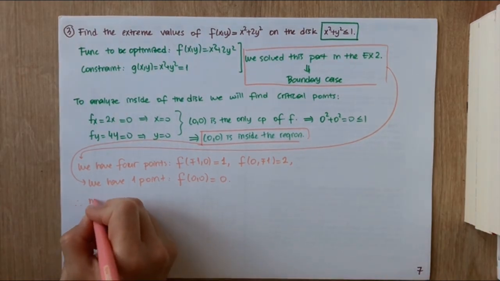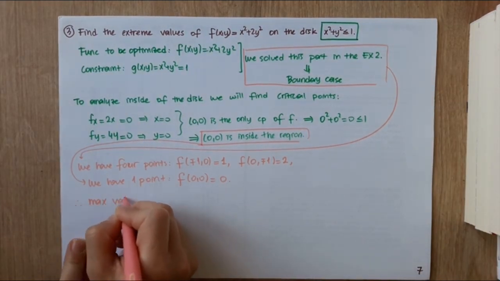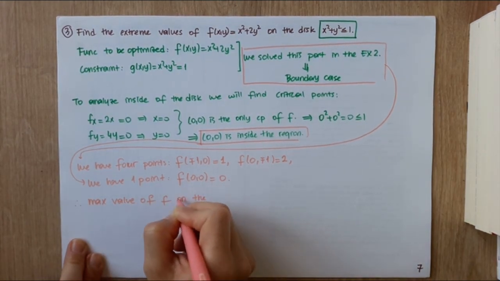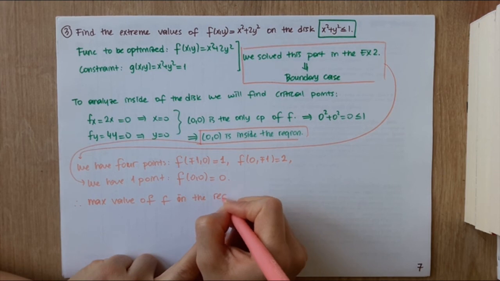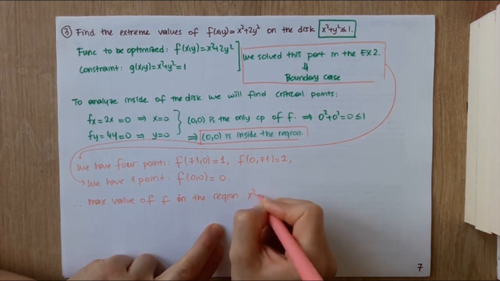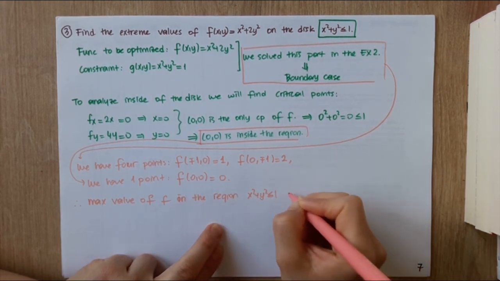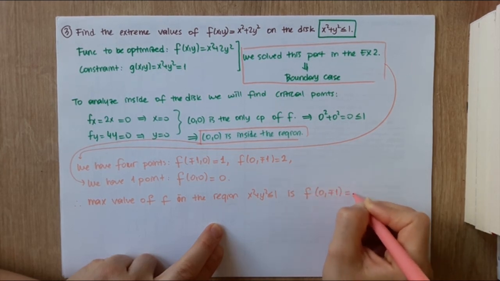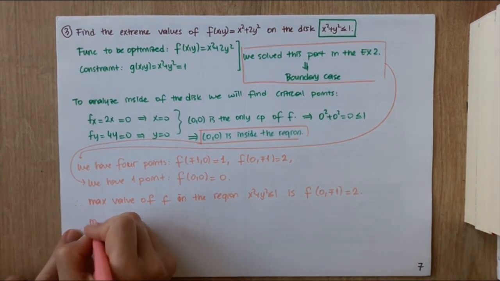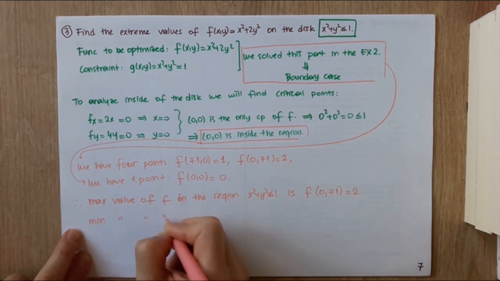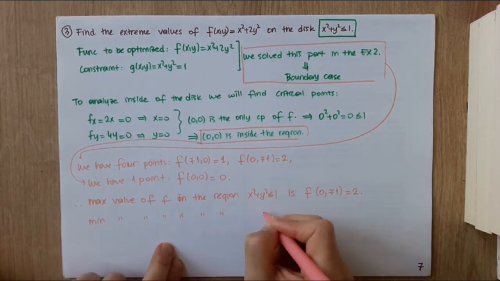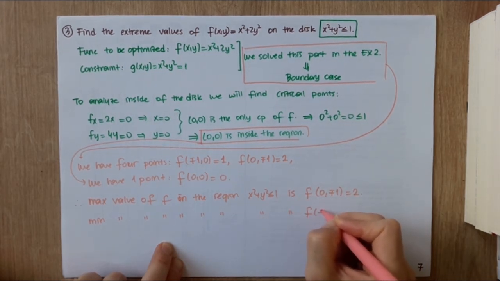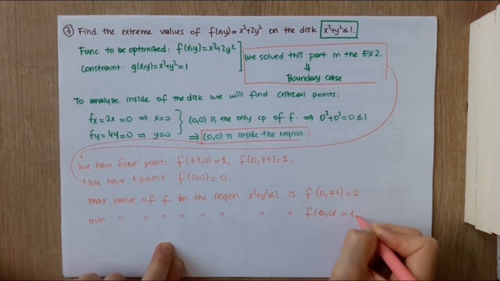So the maximum value of f in the region x squared plus y squared less than or equal to 1 is f of (0, ±1), which is 2, and the minimum value of f in this given disk is f of (0, 0), which is 0.